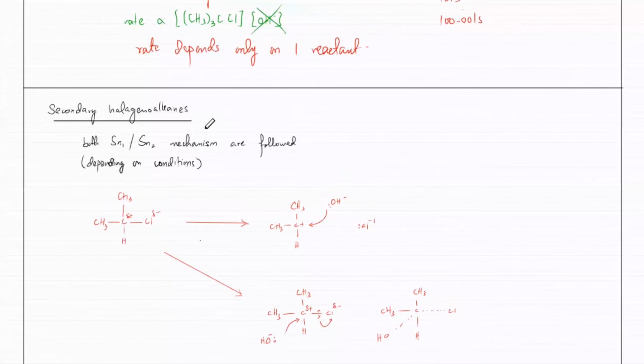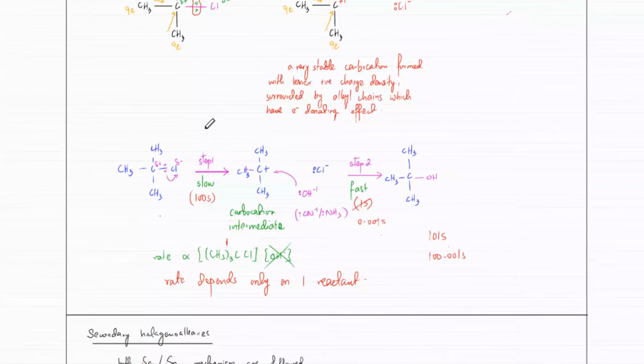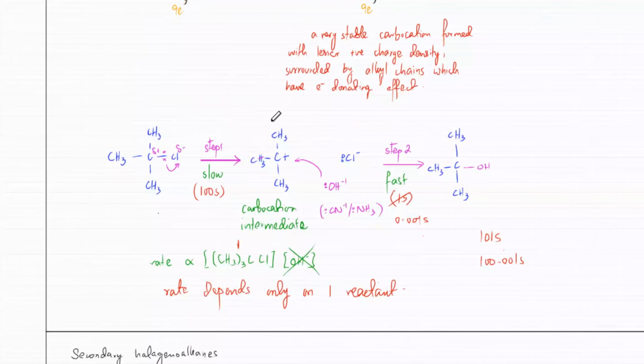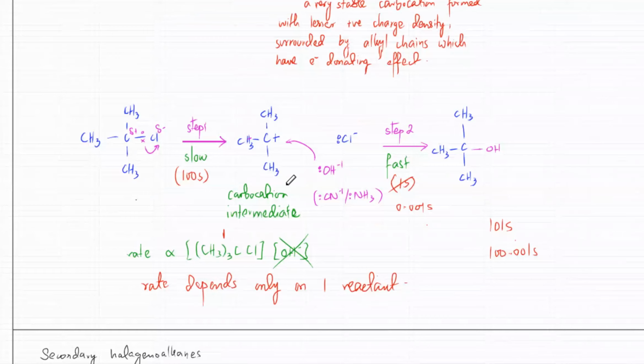But remember, the reason for the differentiation in the mechanisms: in the tertiary halogenoalkane, the carbocation was very stable because you got a lot of carbon chains. So the positive charge was kind of very weak, which is why the Cl can easily leave with its electrons.